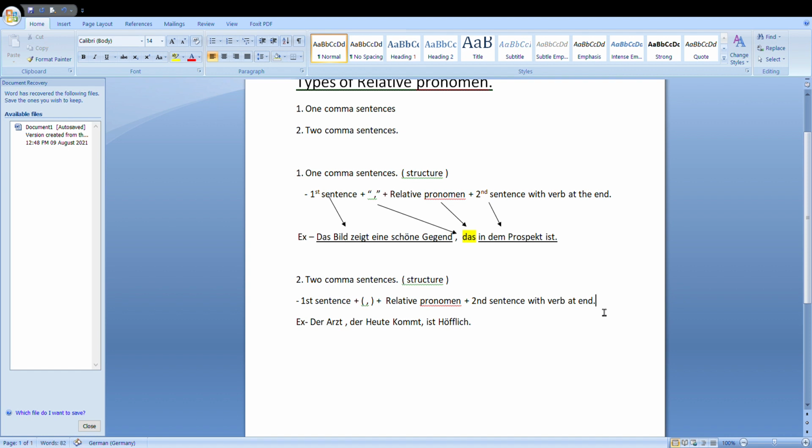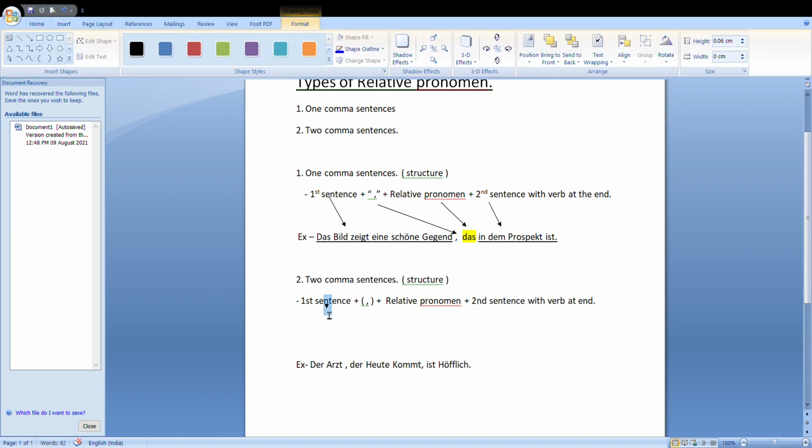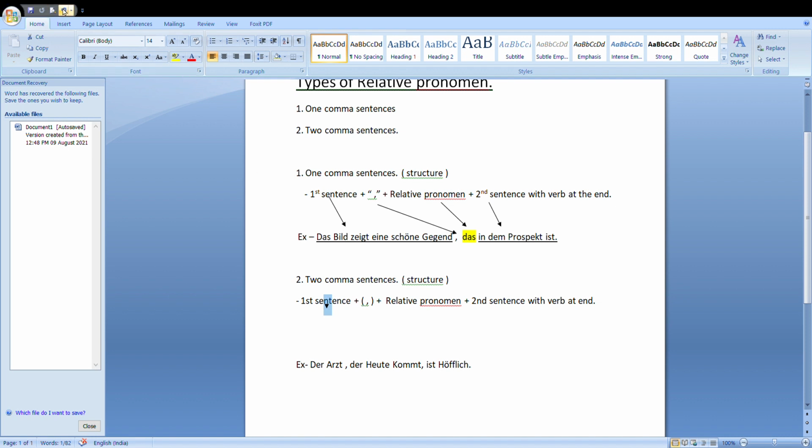Now I try to relate this. We have our first sentence here. Wait a second, the structure is not completed. So we have the relative pronoun here, then the verb at the end. We have another comma.